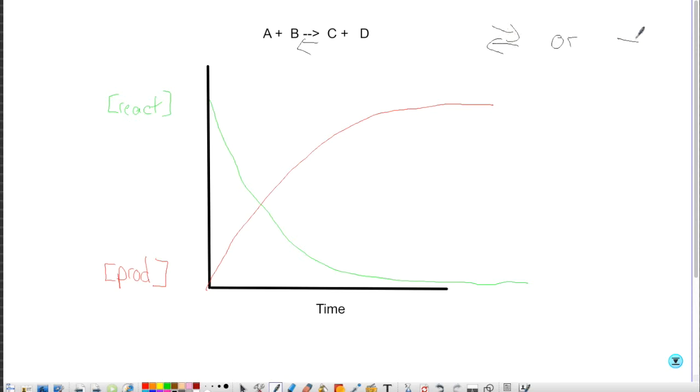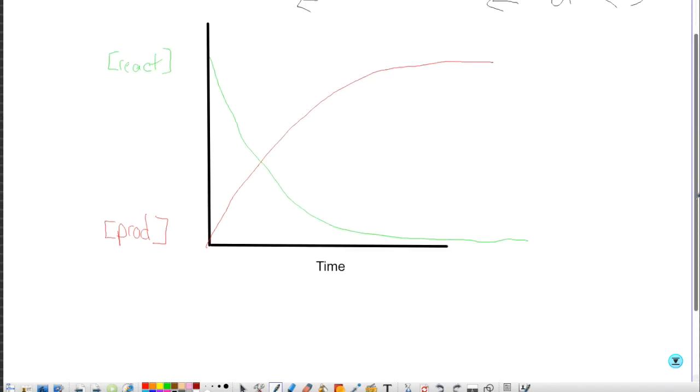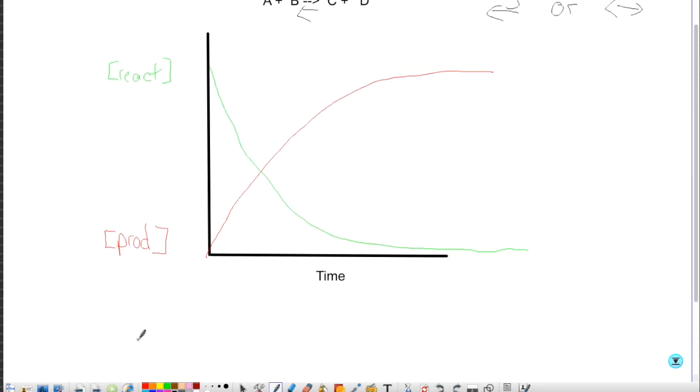And I'll say, by the way, this two-sided arrow, or one that's like this, this is how we denote equilibrium or reversible reactions. Hopefully you remember that from some other chapter. Maybe it was chapter 1. I don't expect you to remember that. But here it is. That's how you represent reversible reactions. So in this case, the concentrations of C and D at equilibrium are going to be much larger than the concentrations of A and B, and so we have special terminology to describe this.